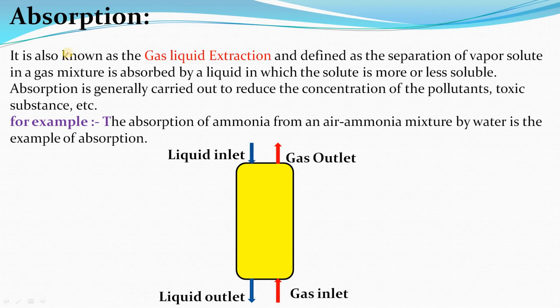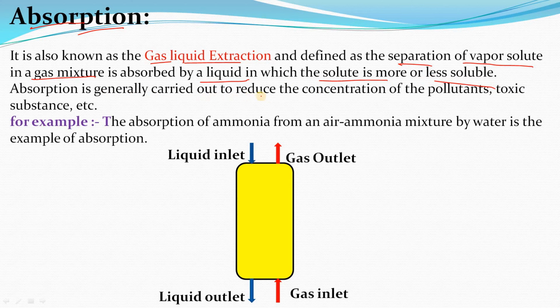Now the next operation is absorption. This operation is also known as liquid gas extraction and is defined as the separation of a vapor solute in a gas mixture, which is absorbed by a liquid. We can say the liquid here is a solvent in which the solute is more or less soluble.